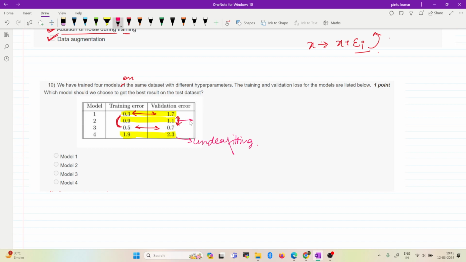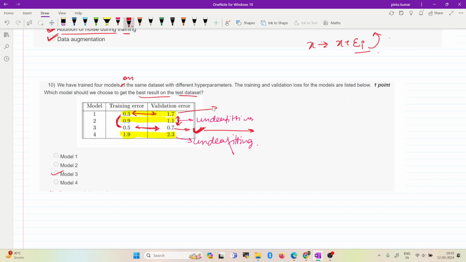So here also we are in the regime of underfitting. Here we can see that the training error has reduced to some extent and the validation error is least. So this is the best model that we should choose. So model 3 is the one that we should choose for getting the best result on the test data set.